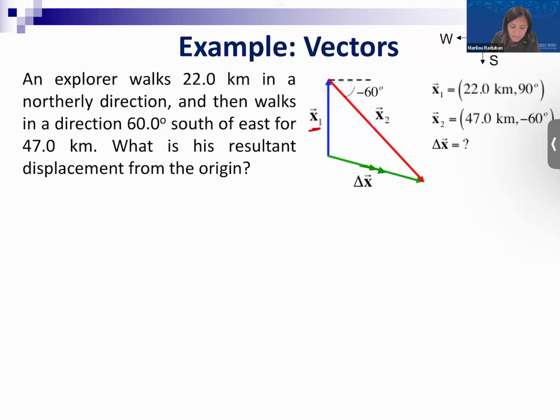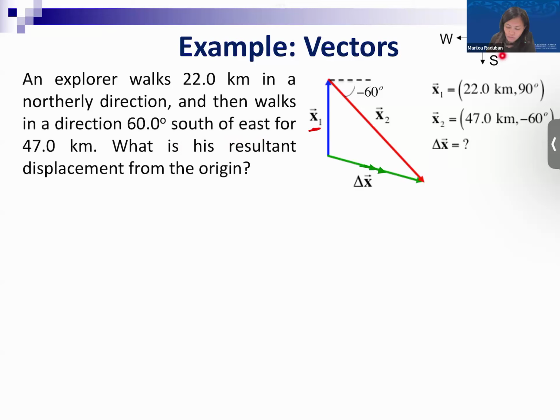Then he walks in the direction of 60 degrees south of east for 47 kilometers. So we represent that vector as x2. 47 kilometers will be the length of this red arrow representing that second vector. And the direction is 60 degrees south of east.